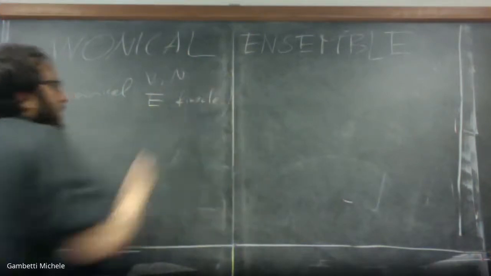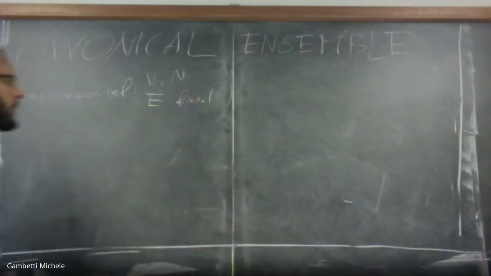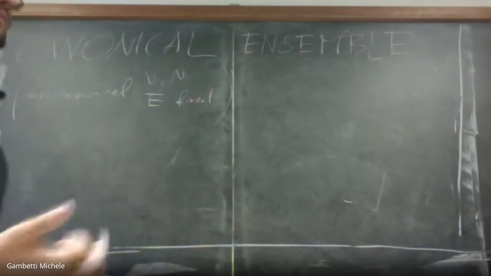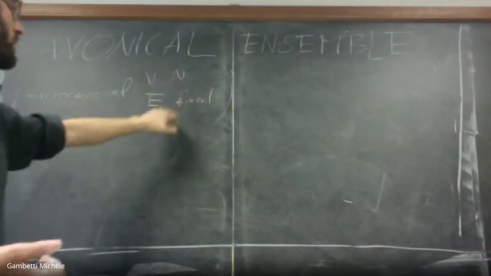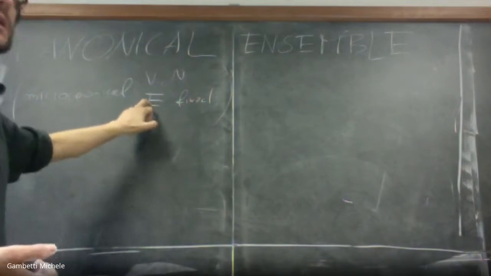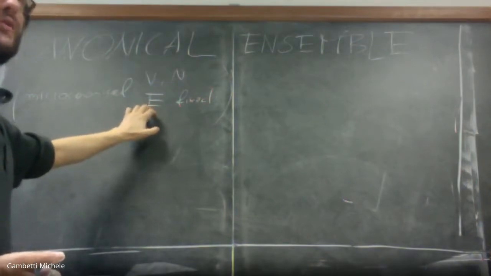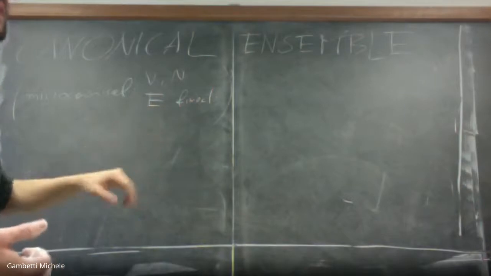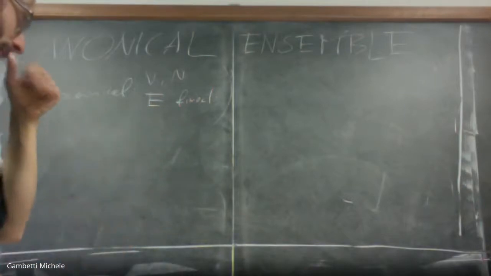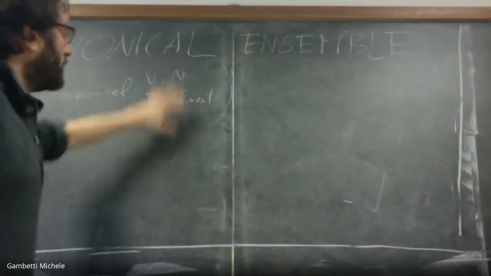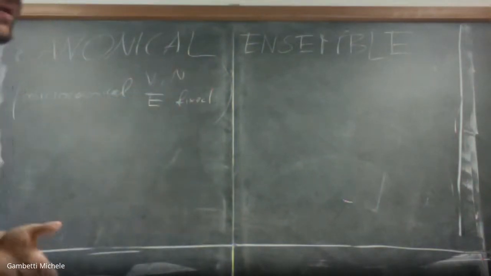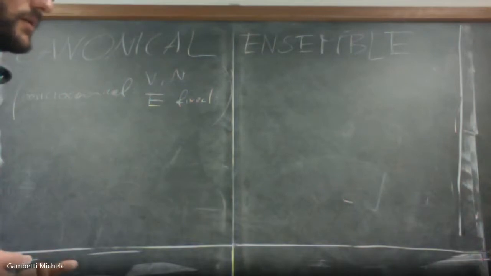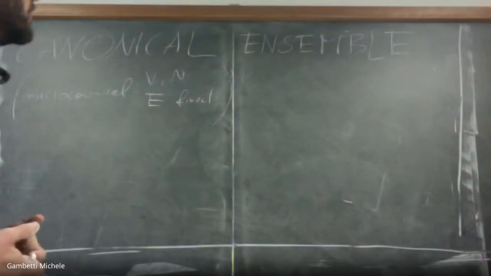So we are dealing with a system which is completely isolated from the environment. The volume is constant, the total number of particles is constant, and the energy is constant. There is no exchange of energy between our system and the rest of the world.